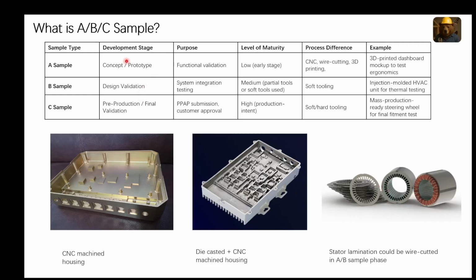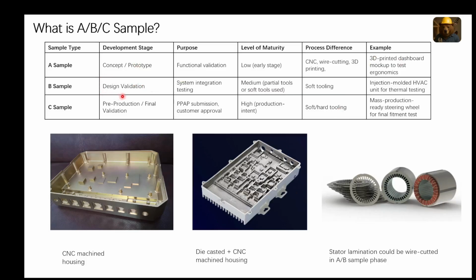So for A sample, B sample, C sample, this form listed out the differences. I will not read them one by one. You can go through it, so you will have an understanding of the differences of these sample phases.